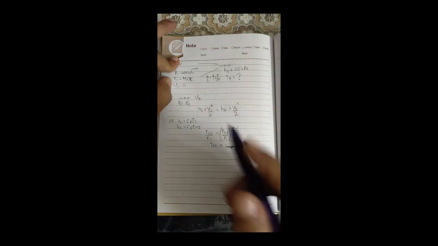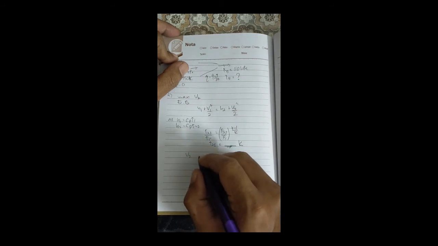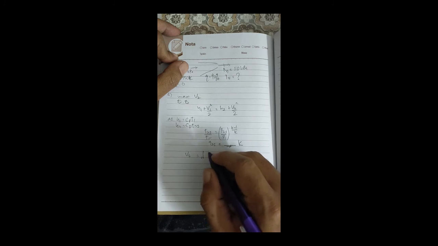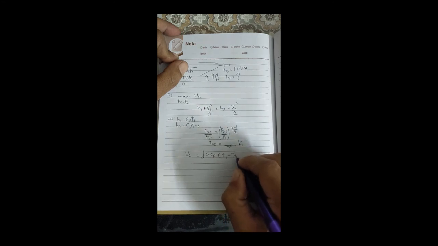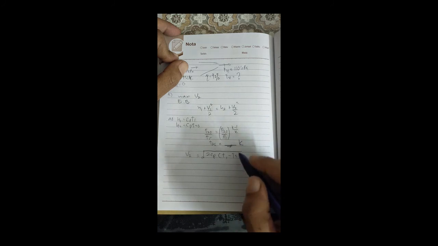So you can get V2 is square root of 2 Cp times T1 minus T2S.